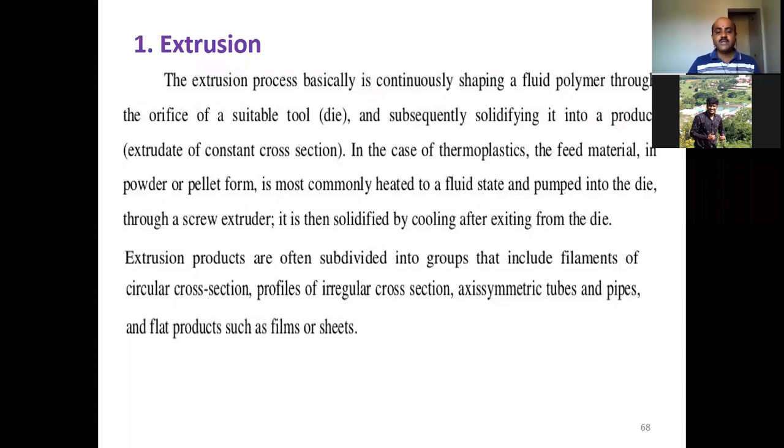These extrusion products might be grouped into filaments of circular cross section, profiles of irregular cross section, axisymmetric tubes, and pipes. I think you might have studied these examples of the concept of extrusion in the lower classes.